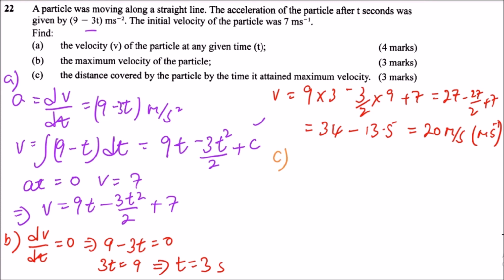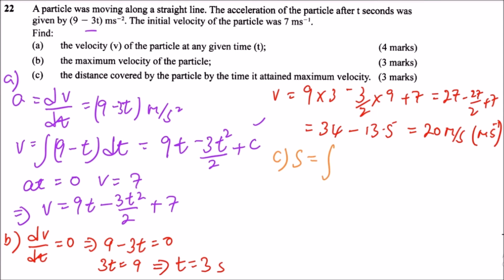We go to part C. The distance covered by the particle by the time it attained the maximum velocity. To get the distance, which we normally use s to represent, we integrate velocity.